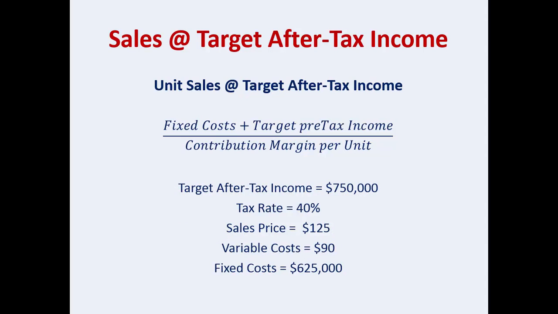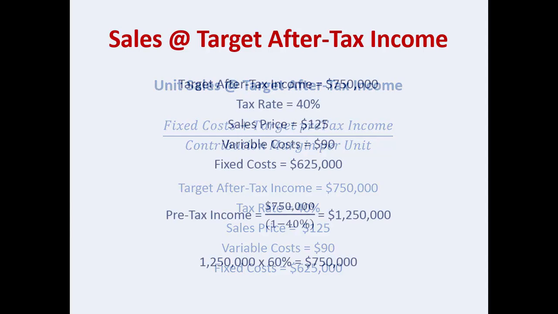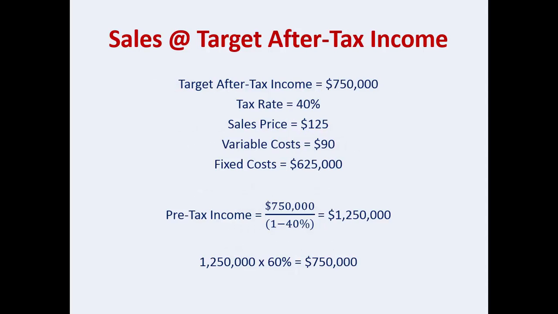So let's look at an example. My after-tax net income $750,000, but that's after, not pre, and I need to get to pre. The tax rate is 40, sales price $125, variable $90, fixed cost $625,000. Okay, so first we have to get to pre-tax.